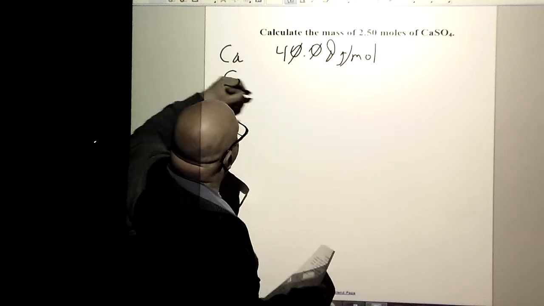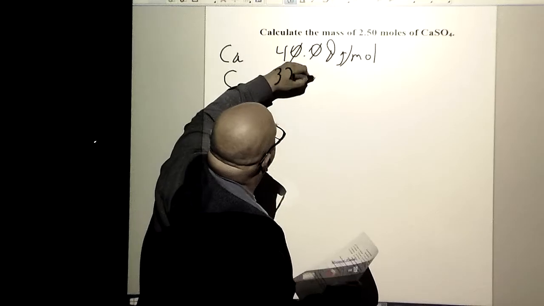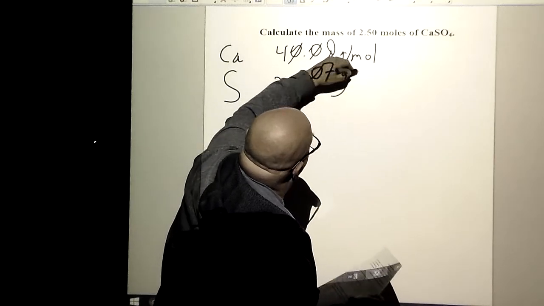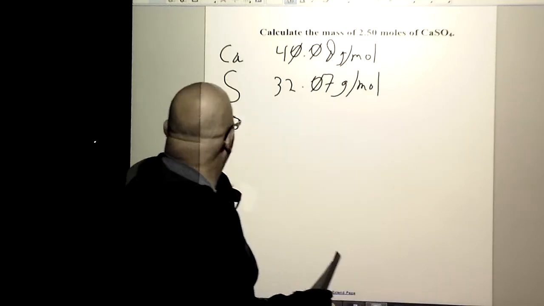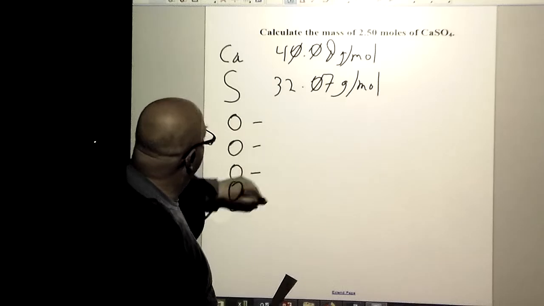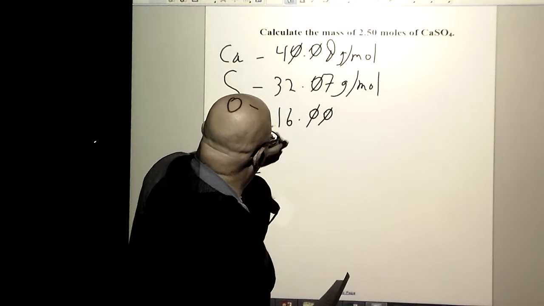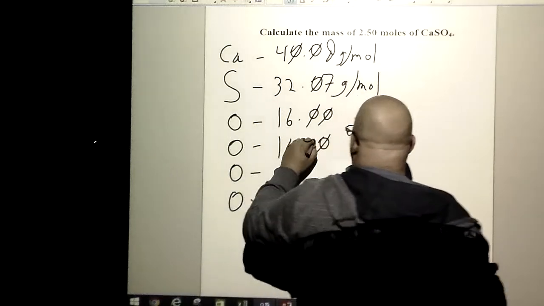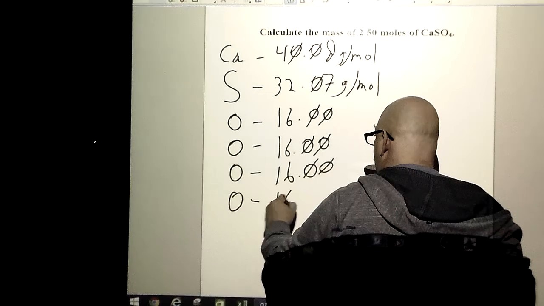We know that sulfur is 32.07 grams per mole. And we have 4 oxygens, so we can break it down like this. Okay? Each oxygen is 16 grams per mole. Where are we getting this?